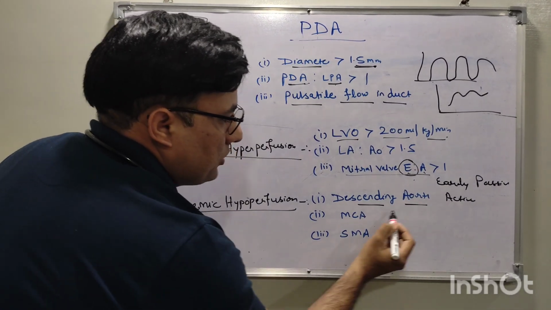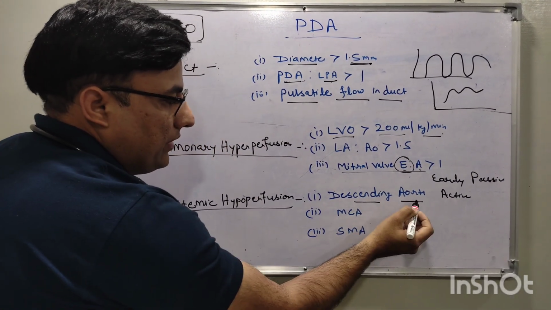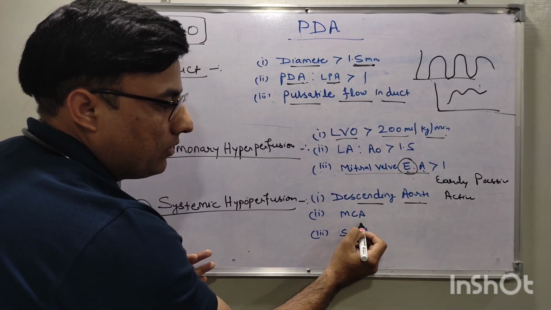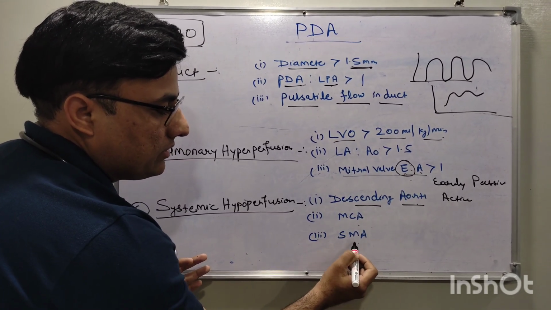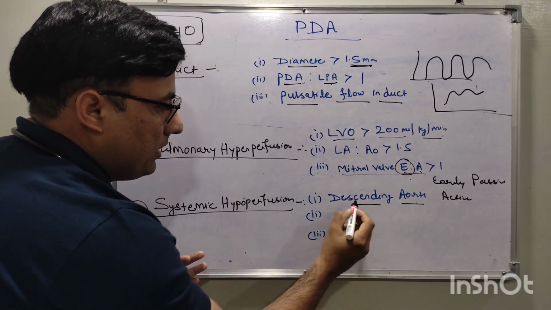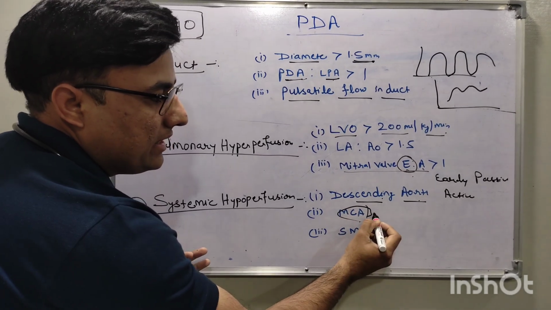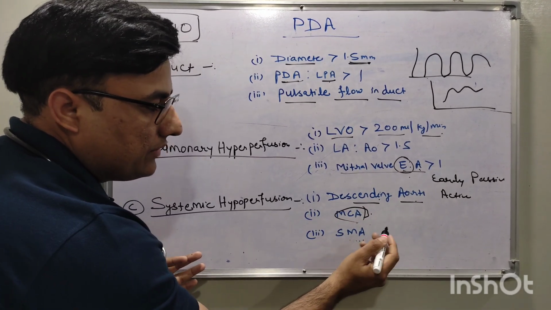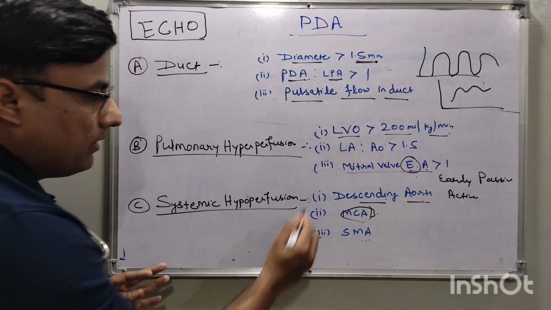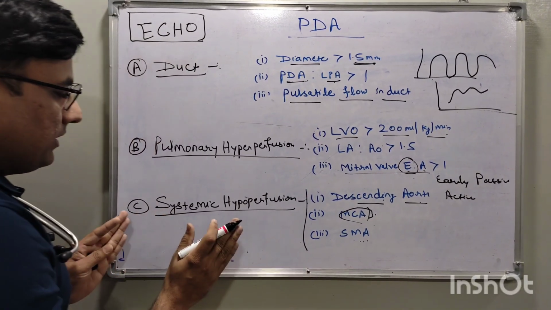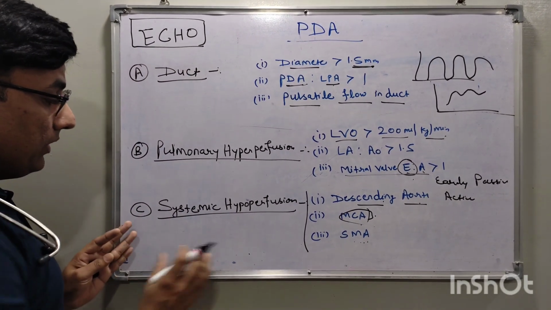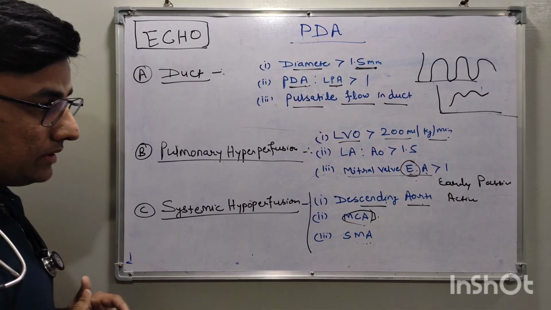During diastole there will be retrograde flow in the descending aorta or middle cerebral artery or superior mesenteric artery. This will cause brain hypoperfusion, this will cause GI hypoperfusion. So these are the criteria of echocardiographic features of systemic hypoperfusion.